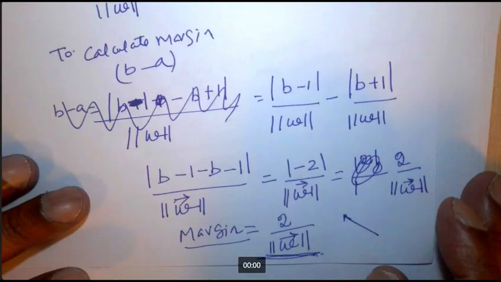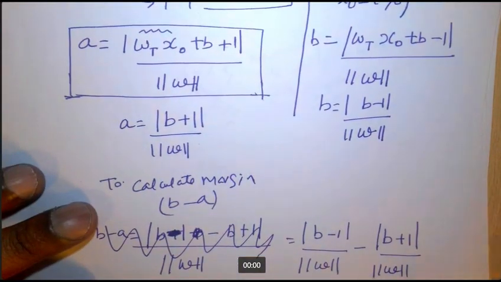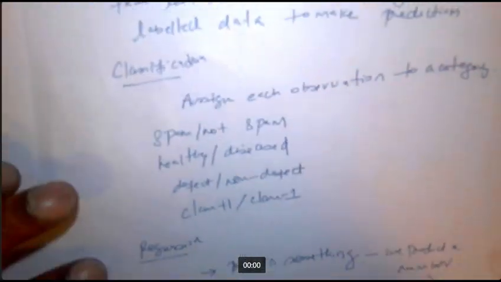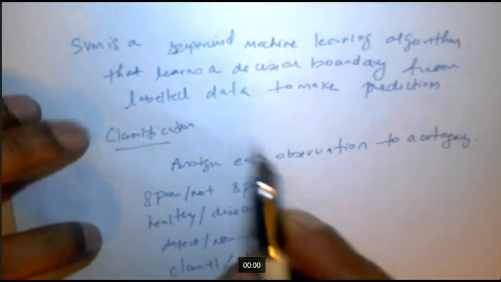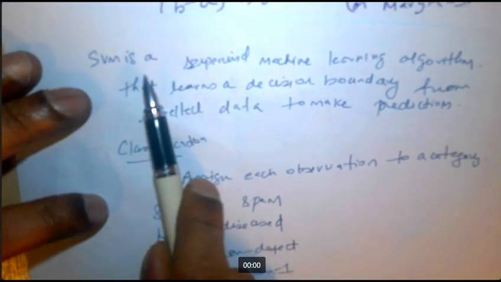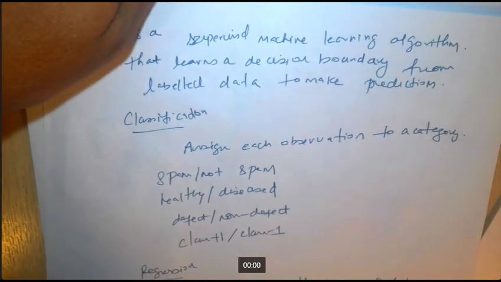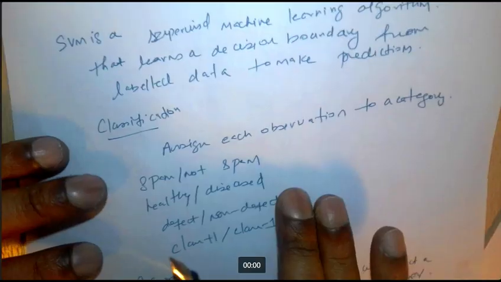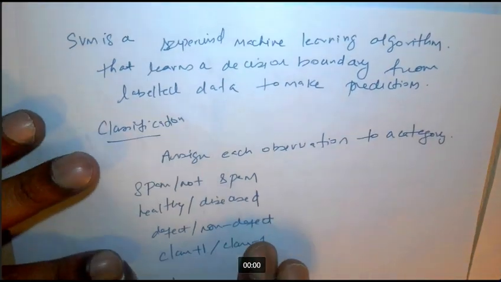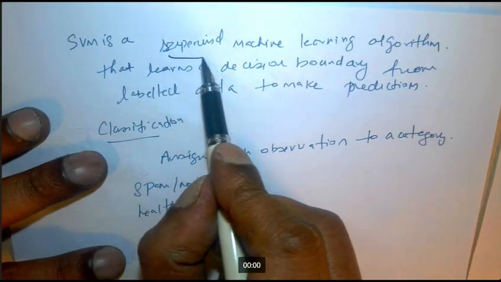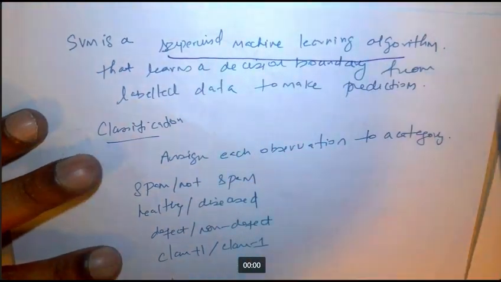That should be enough for the moment. Something I wanted to highlight: in the first video I said I will explain what SVM is. It's a machine learning algorithm, but what type of algorithm is it? We can classify it as a supervised machine learning algorithm. What do we mean by that?